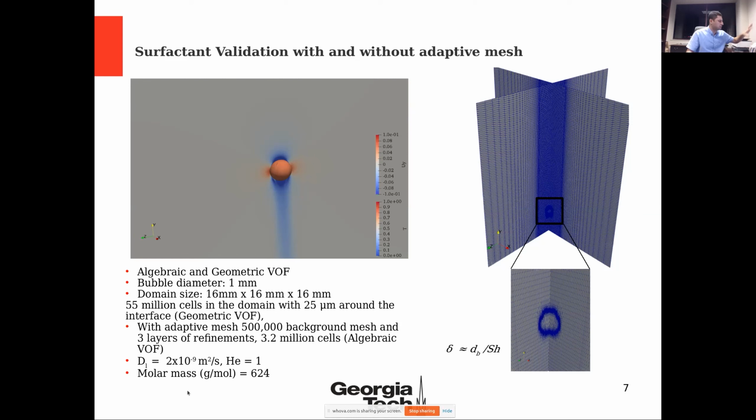I carefully, conservatively increased the number of layers to resolve the mass transfer boundary layer at the interface, which is defined by the diameter of the bubble divided by the Sherwood number. The Sherwood number is in general a Nusselt number, but in the mass transfer field.